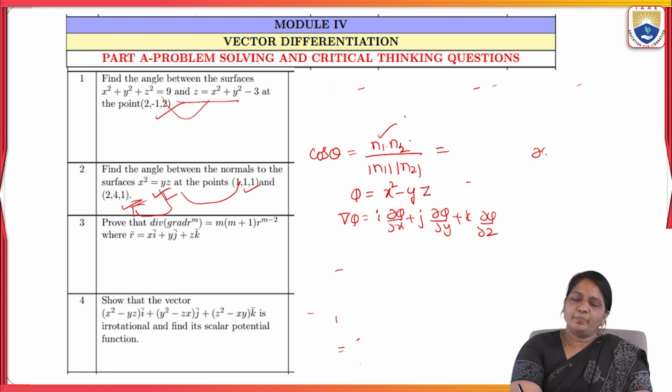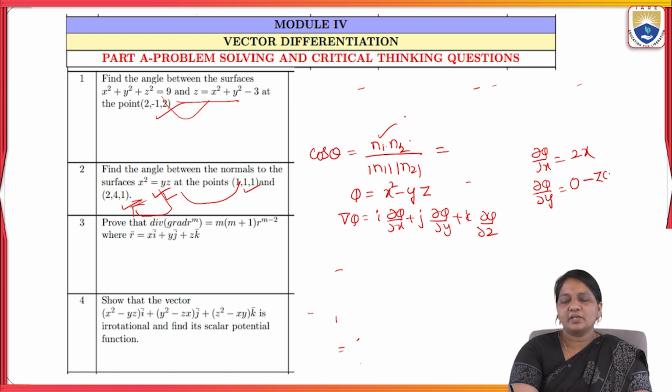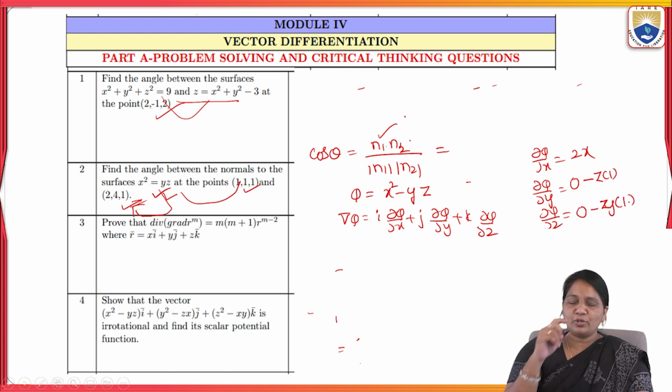So ∂φ/∂x, that means x² gives 2x. Next ∂φ/∂y. So x² is constant, 0, minus z into y gives minus z. Next ∂φ/∂z is equal to x² is 0, minus z into y gives minus y. So ∂φ/∂x is 2x, then minus z, minus y.